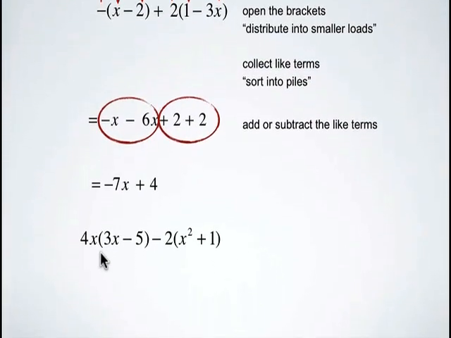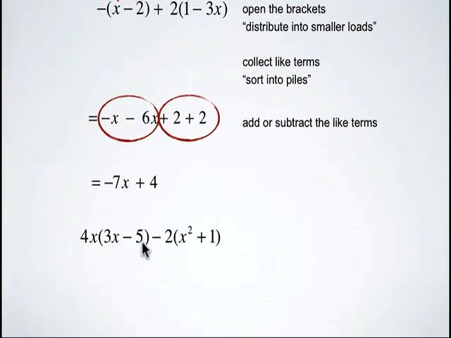So now let's look at 4x times 3x minus 5 and negative 2 times x squared plus 1. And this is where it was important that we did the quick review of exponent laws, because we're going to have to start thinking about multiplying letters by letters. Open the brackets. 4x times 3x. 4 times 3 is 12.